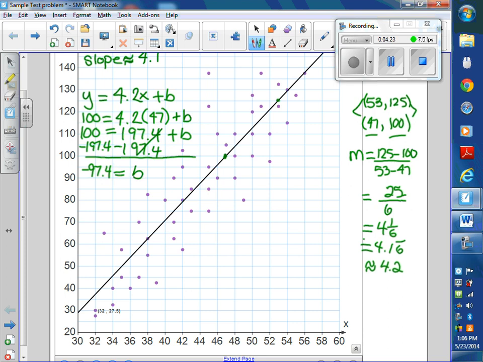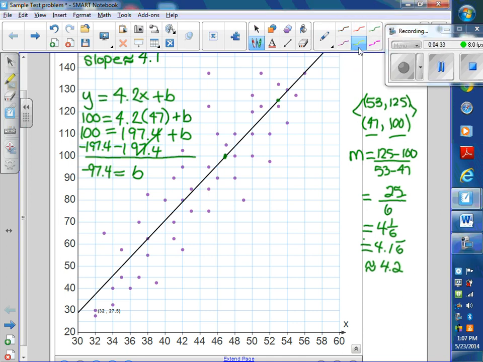Here, I want you to think about that. When you look at this picture, is it reasonable? Remember, down here, the way your book does these graphs, that is not the origin. Okay, so what you really want to think about is, is negative 97 a reasonable intercept?